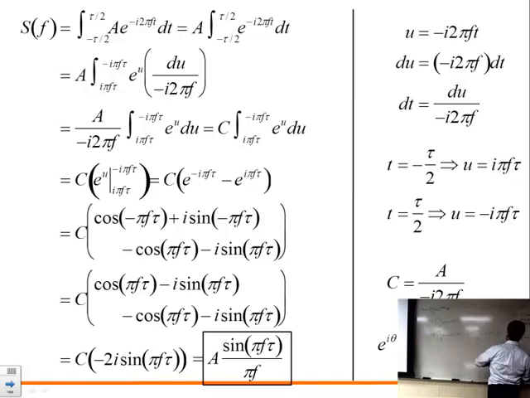I won't use u, I'll use a different variable. Let's use y. So what we want y to be is that thing, so then we can take cosine of y and sine of y.